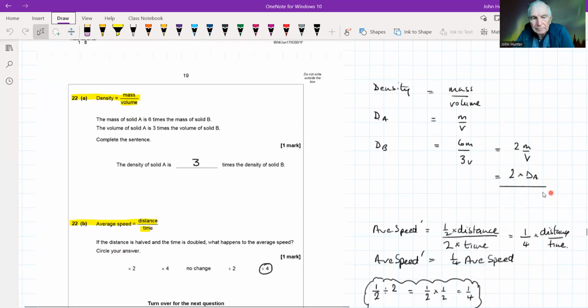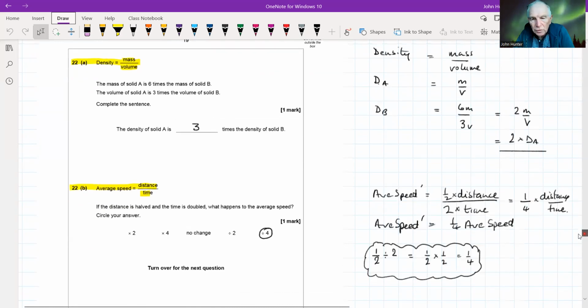Okay. Now this one is getting interesting, but it's a little bit like the previous question, where we're using units and quantities, using a bit of algebra, basically.